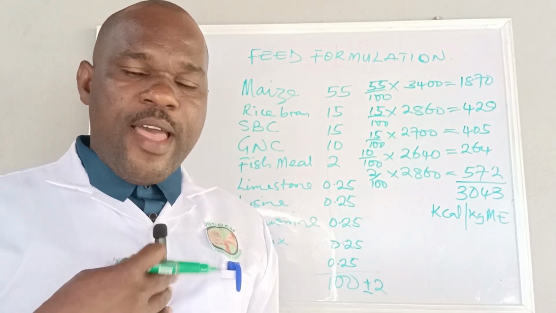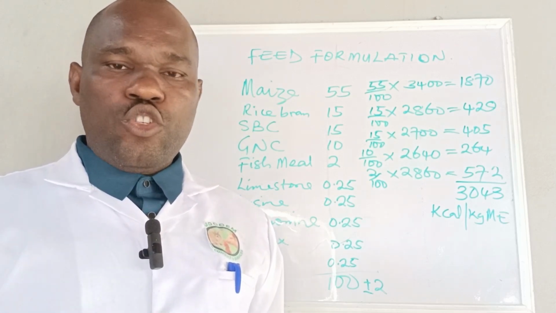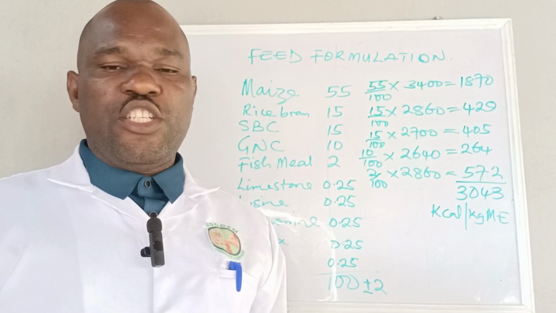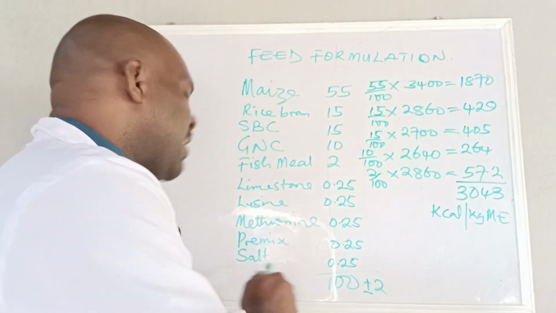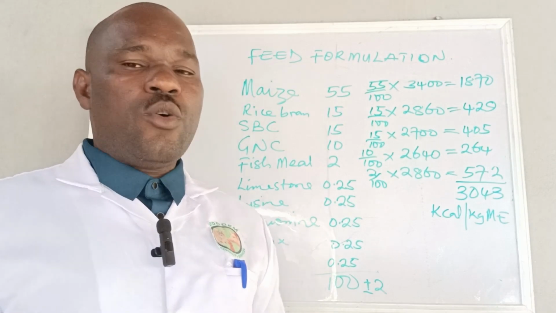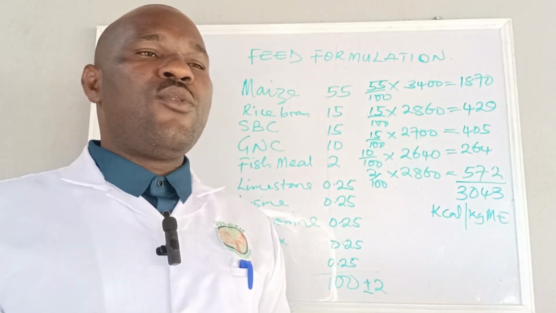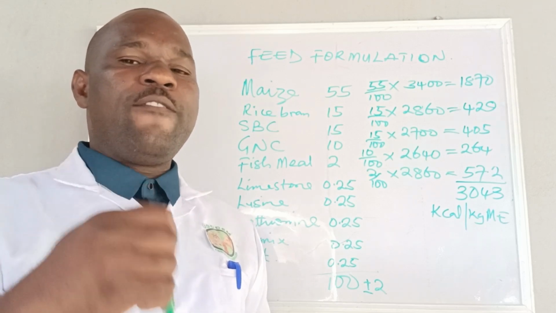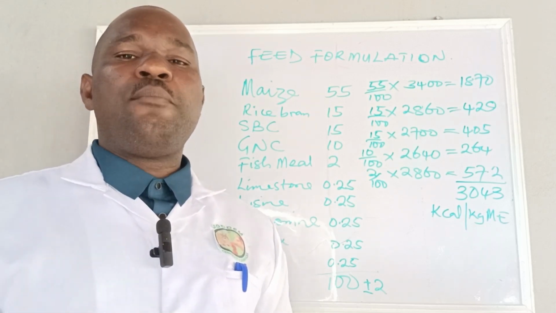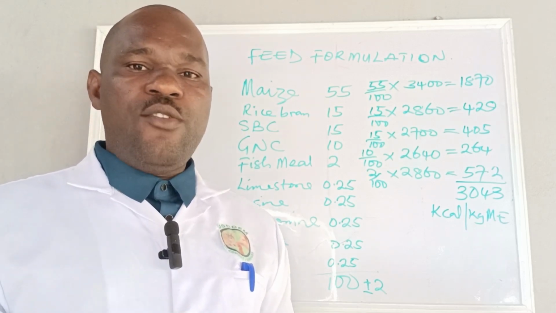I prefer using refined salt, especially Mr. Chef, because of the iodine value, because Mr. Chef is iodized salt. Sorry, I'm not trying to advertise the product, but I'm just telling you what I prefer using when I'm formulating my own feed.